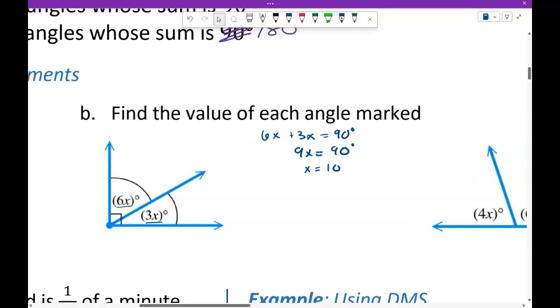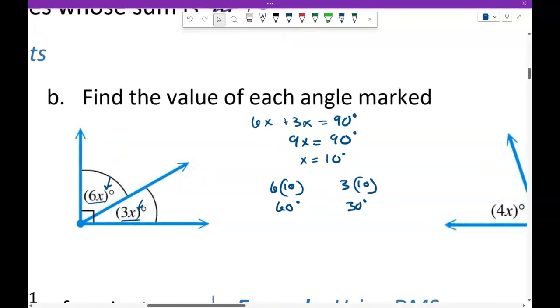And so we can then substitute x back into both of these expressions to find the measure of both of these angles, giving us 60 degrees and 30 degrees. So the measure of each angle is 60 and 30.